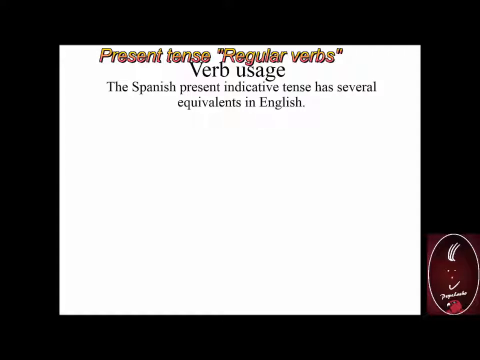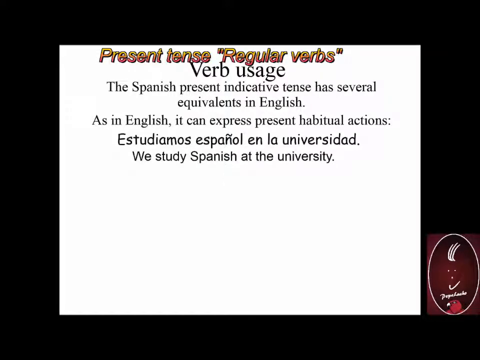Let's review some usage of those verbs in the present tense and the equivalent in English. As in English, it can express present or habitual actions. For example, estudiamos español en la universidad.